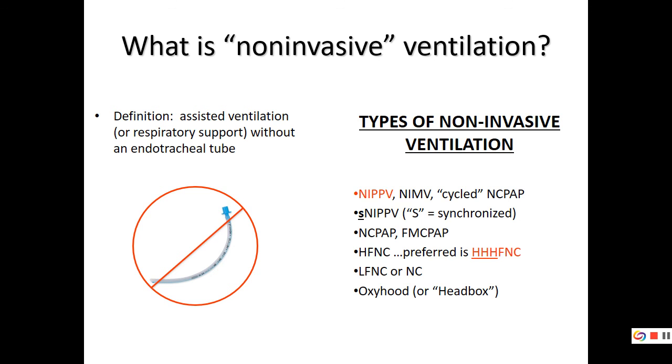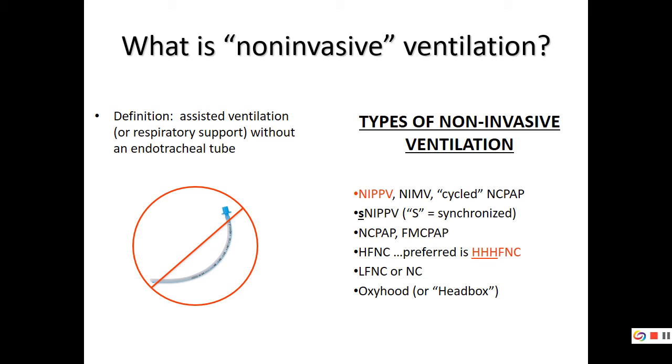There's lots of different types of non-invasive ventilation, lots of different terms to be aware of. There's nasal intermittent positive pressure ventilation or nasal intermittent mandatory ventilation. Some people will call it cycled nasal CPAP. There's also SNIPPV, where the S stands for synchronized nasal intermittent positive pressure ventilation. And there's nasal CPAP or face mask CPAP.